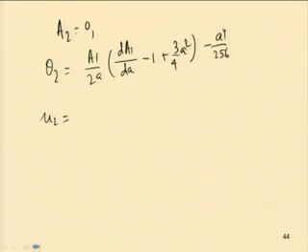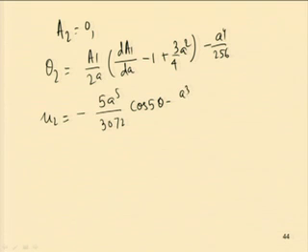So, we can write this expression for u2 in this form. u2 will be equal to minus 5A to the power 5 by 3072 cos 5 theta minus A cubed into A squared plus 8 by 1024 cos 3 theta.